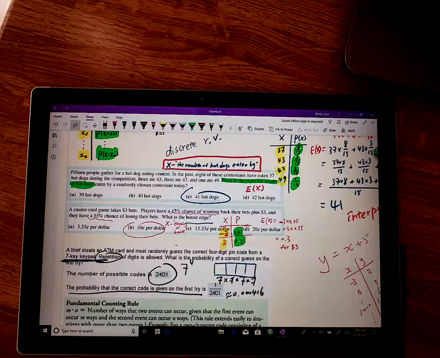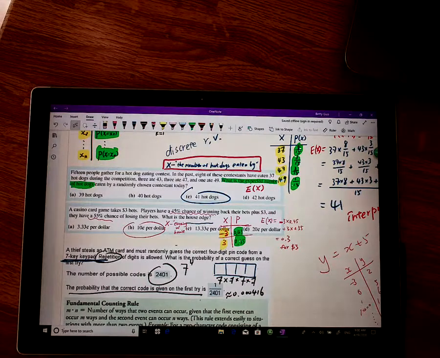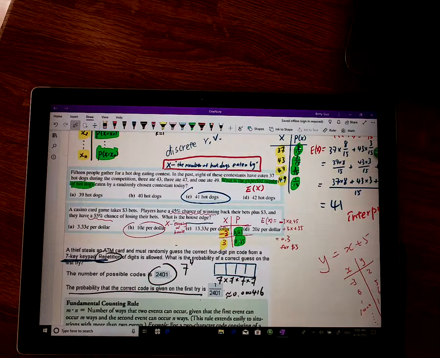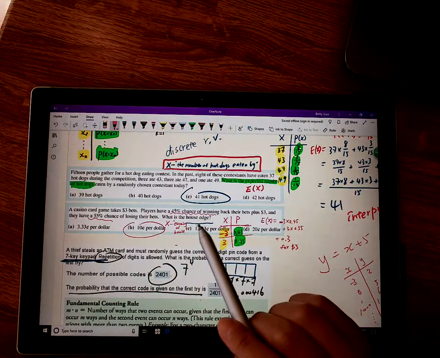So here we are going to consider the profit that the casino would earn if the player bet $3, because the bet for the game is $3 here. So we're going to think from the casino's perspective. We are looking for the house edge.